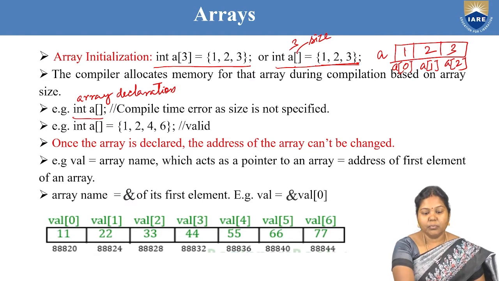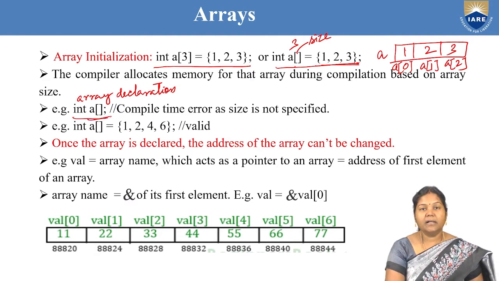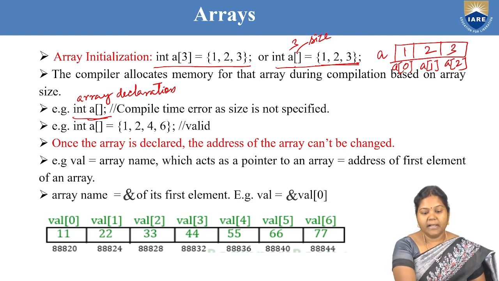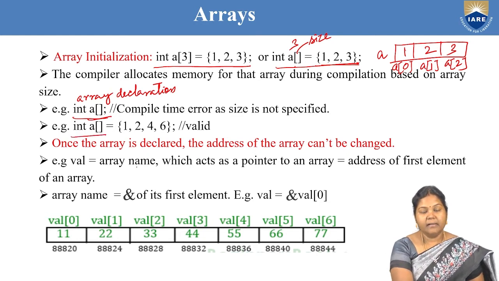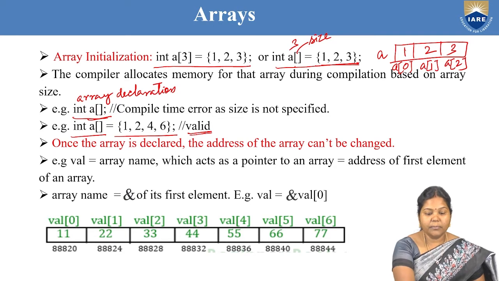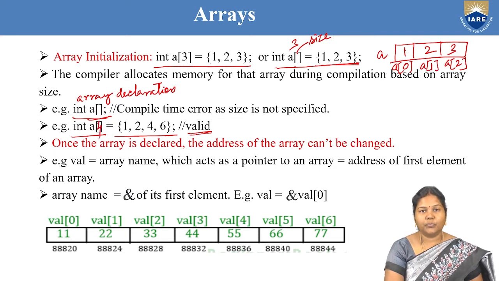So, for declaration alone, you cannot leave out the size; you need to mention it. Next, if you write int a without mentioning the size, but you have given some values, then it is a valid declaration. The compiler automatically takes the size to be 4 because you are initializing 4 values into the array. Once the array is declared, the address of the array is fixed and it cannot be modified.